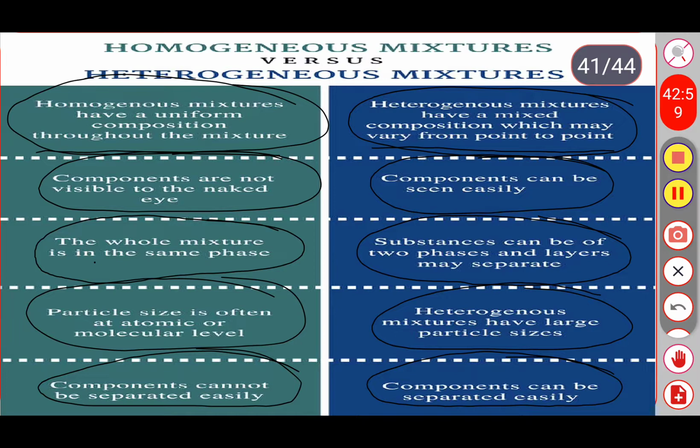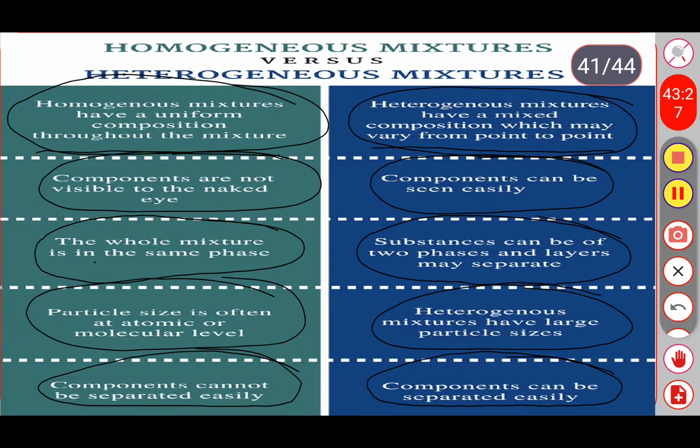Overall, a homogeneous mixture is made up of the same kind of particles, and a heterogeneous mixture is made up of different kinds of particles. In a homogeneous mixture, we cannot classify the components existing in it, but in a heterogeneous mixture we can easily classify or separate the components.